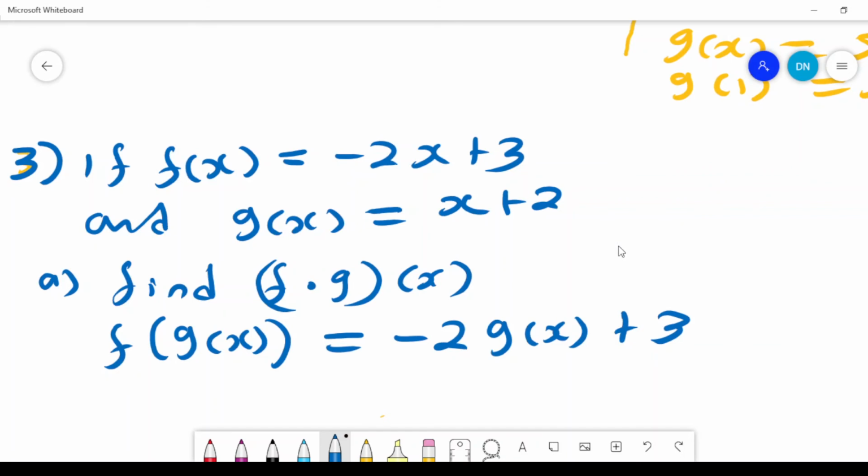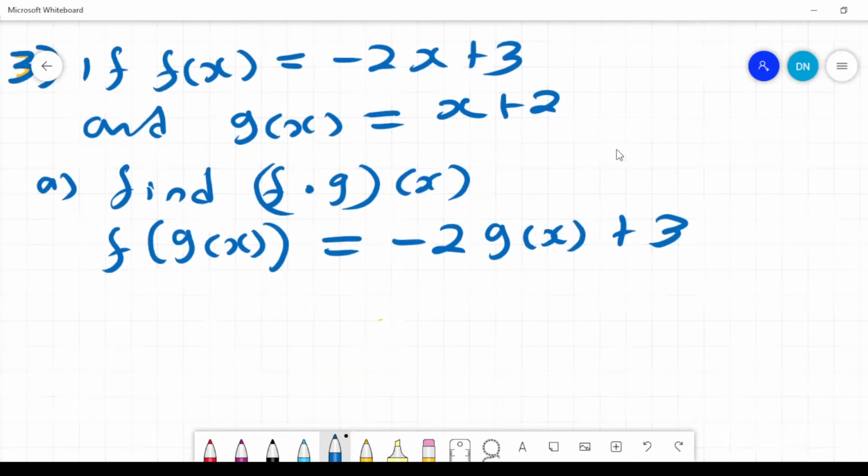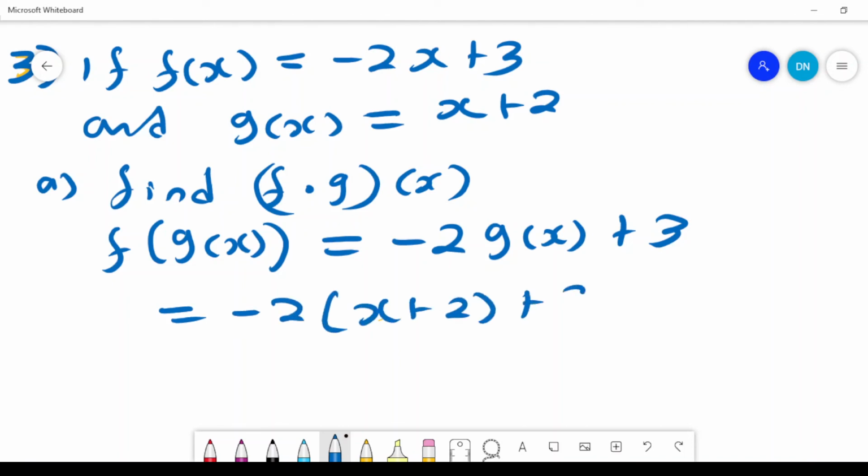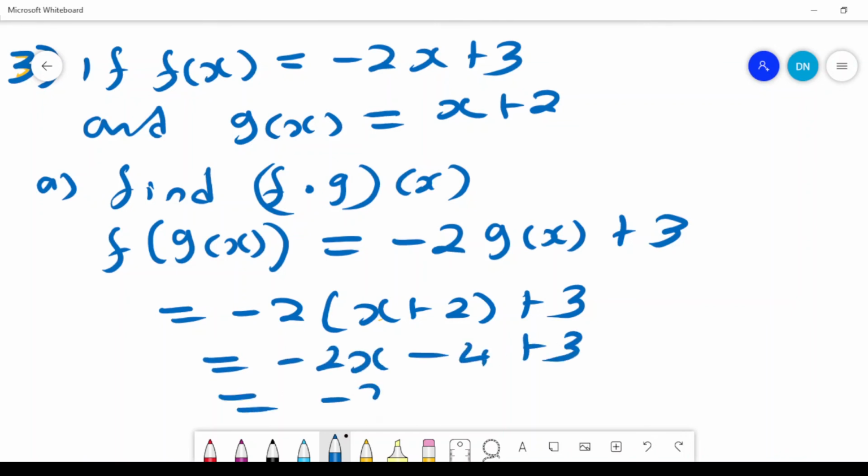Where there is x, we are substituting g of x, and we know this gives us minus 2 times (x plus 2) plus 3, which is minus 2x minus 4 plus 3, which is minus 2x minus 1.